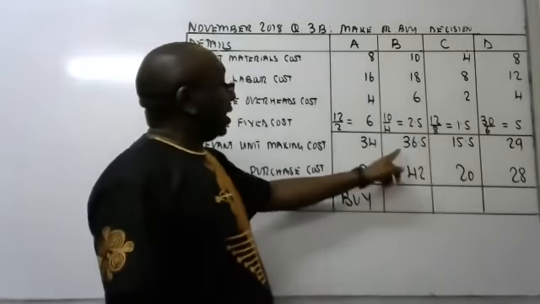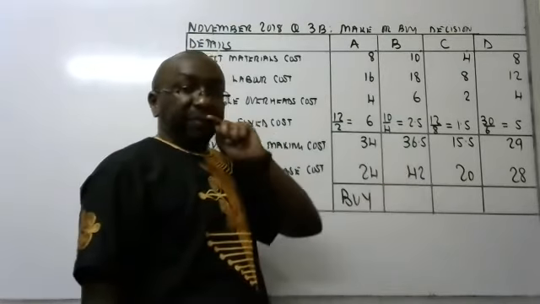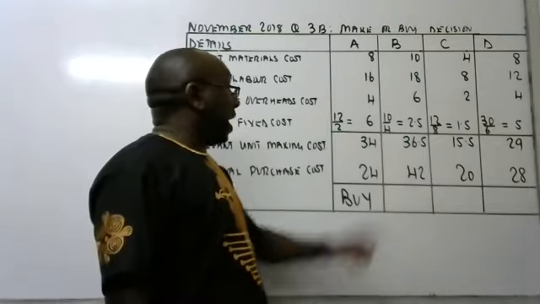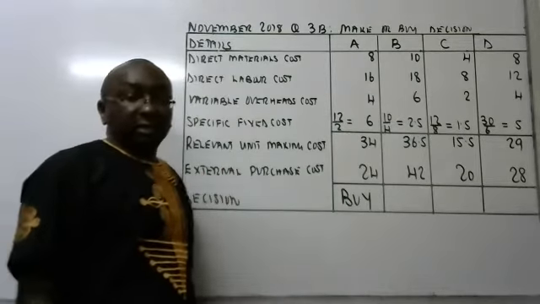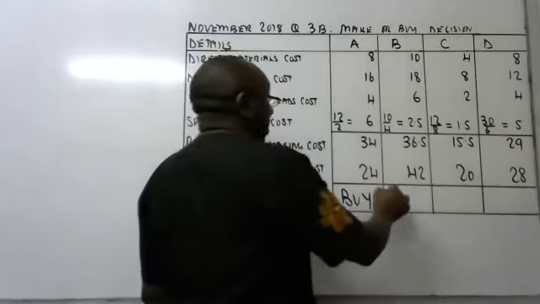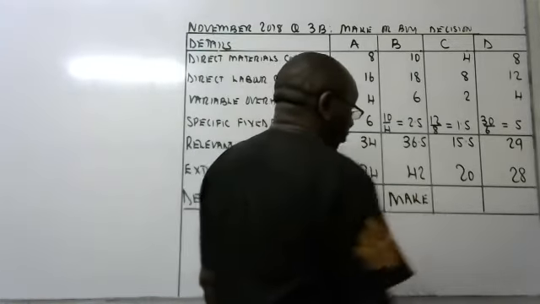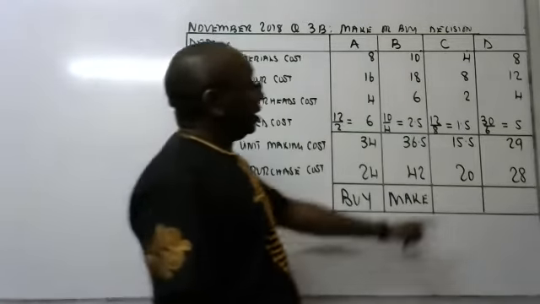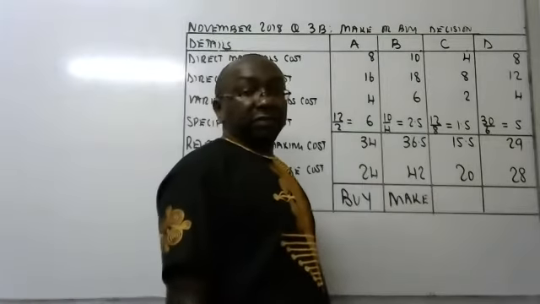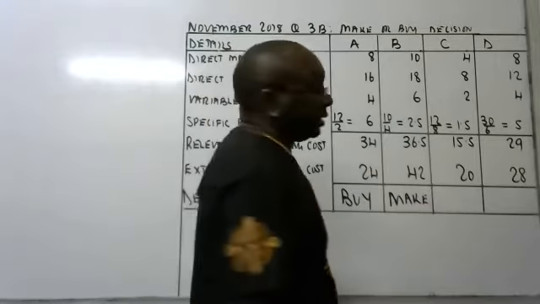For this one, if we make, it will cost us 36.5. But when we buy, it will cost us 42 shillings. So this one, it is better we make it by ourselves. It will be cheaper. This one, if we make it is 15 shillings, but if we buy it is 20 shillings.